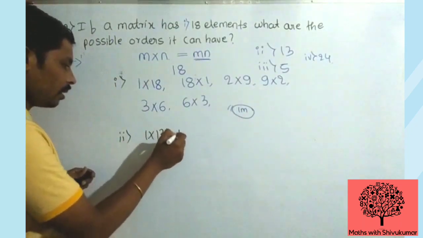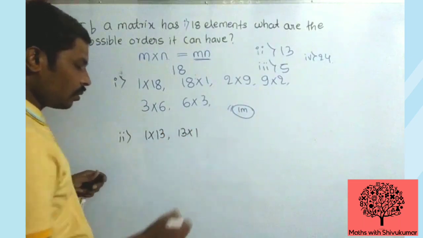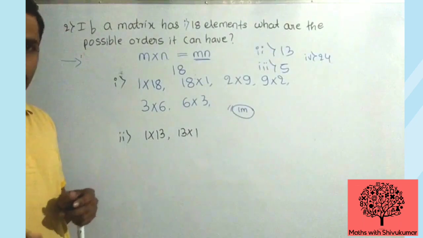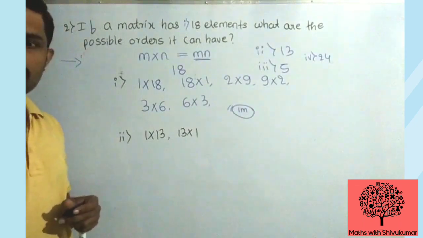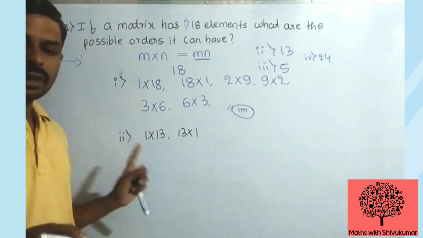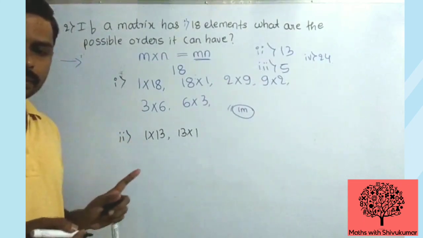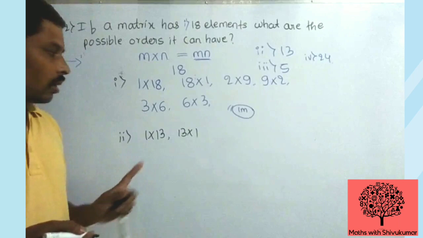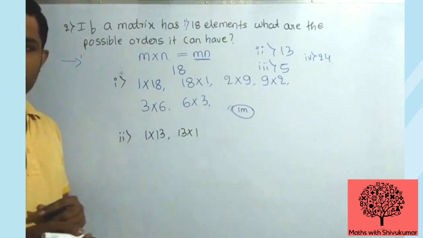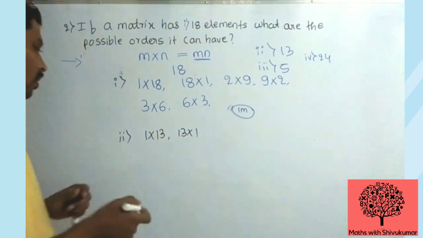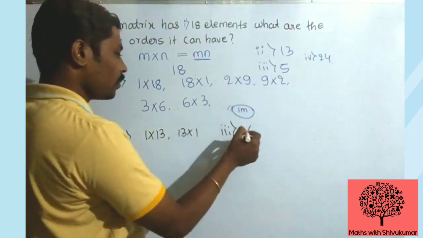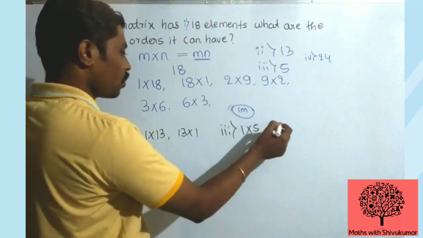So reverse it, 13 cross 1. So 2 is possible? Don't write 2 into 6.5. Told you many times, it is a natural number. So only 2 possibilities are there, no? Because it is a prime number, hence only one pair. This is the possibility.